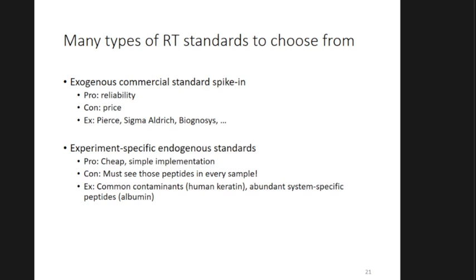So I know someone who has used human keratin for one of their standards because it was getting in all their samples anyway. So they used that as one of their anchors. So you can consider for your specific experiment something that you might always see no matter what, and use that as one of your anchors. But remember, it just has to be in all your samples, and the retention time needs to be pretty well established.